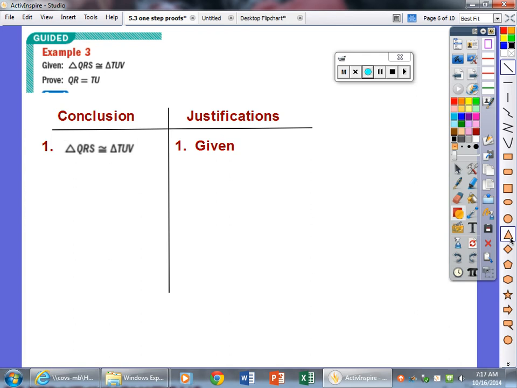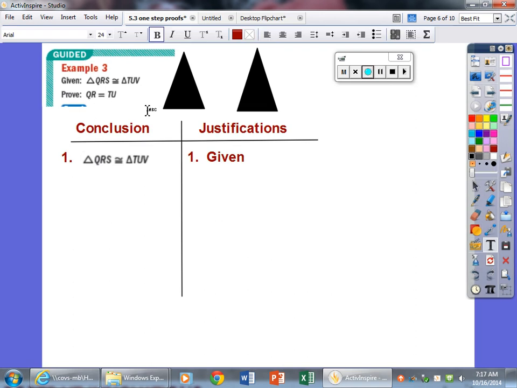The first thing on some proofs that I might want to do is draw myself a diagram, and label what I see, like this would be Q, and we'll make this one up here R, and this one over here S. And then if we're going to label the other one so it's corresponding, this one has to be T. Remember that the matching letters have to go in the same place. This one would be U, and this one would be V.